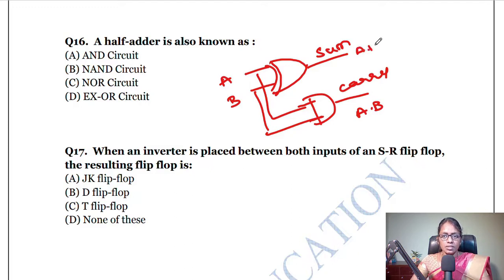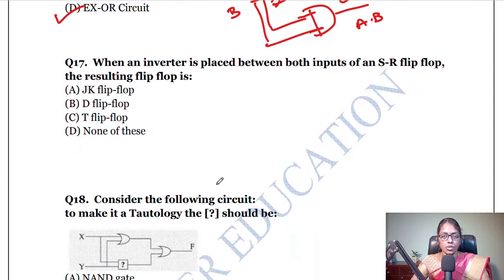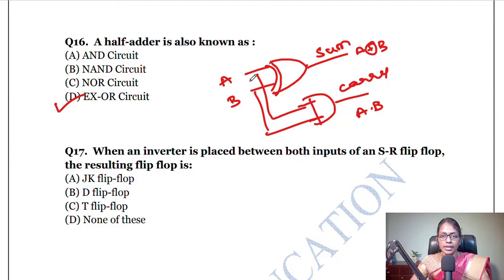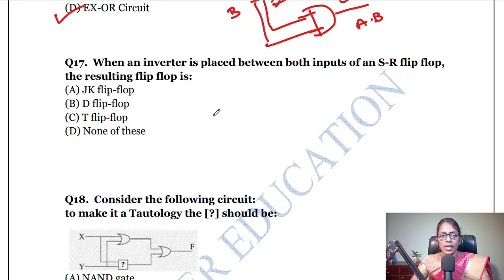The sum is nothing but exclusive OR. So a half adder is also known as an XOR circuit, exclusive OR circuit, because I am using an exclusive OR gate.